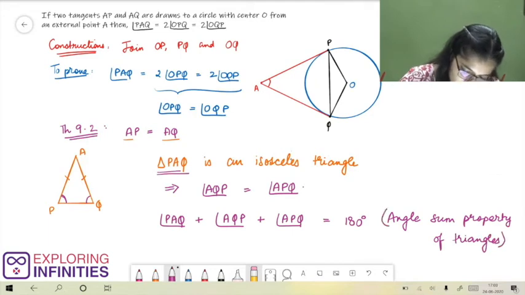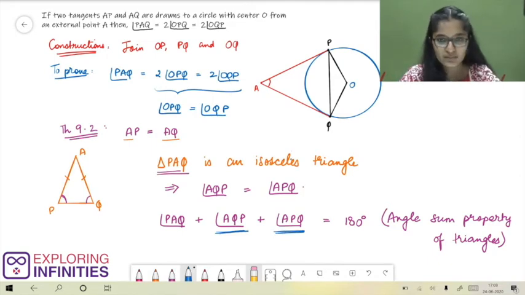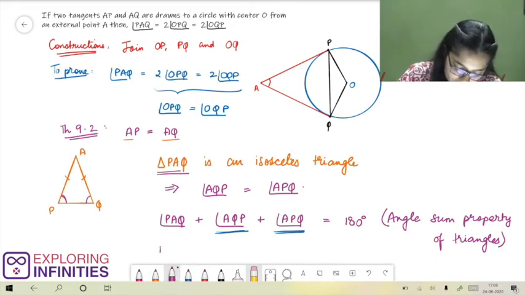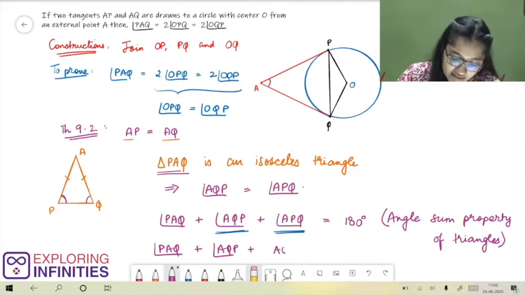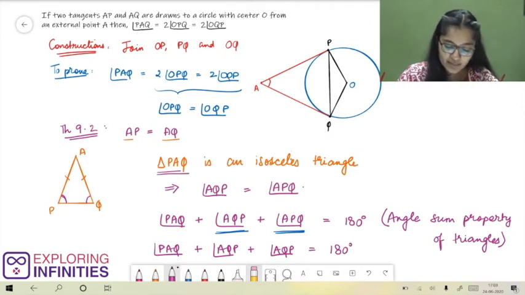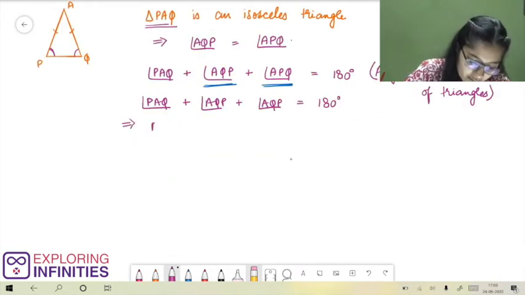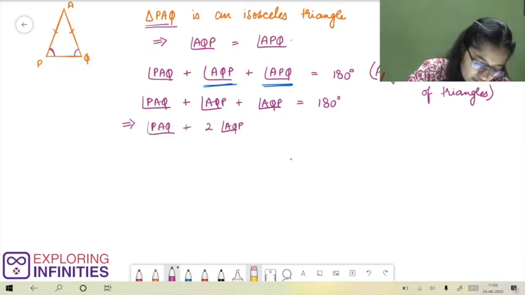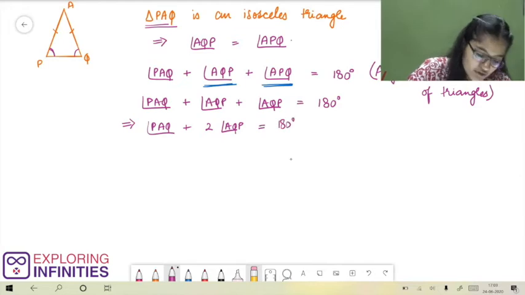But in these angles, we know that angle AQP and angle APQ are equal. So we can write this as angle PAQ plus angle AQP plus again angle AQP is equal to 180 degrees. That means angle PAQ plus 2 times angle AQP is equal to 180 degrees.